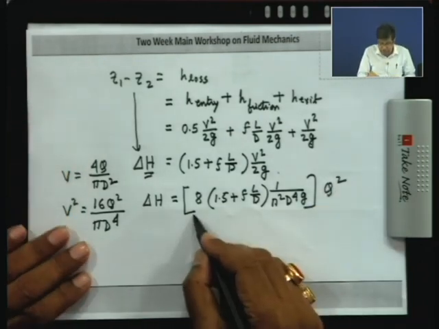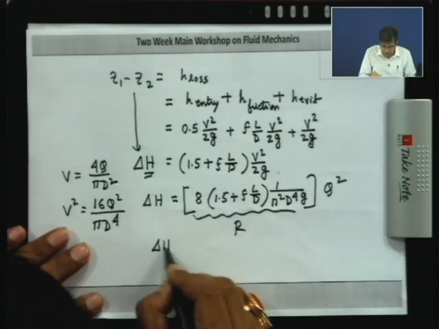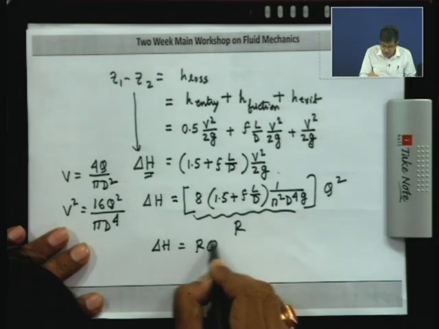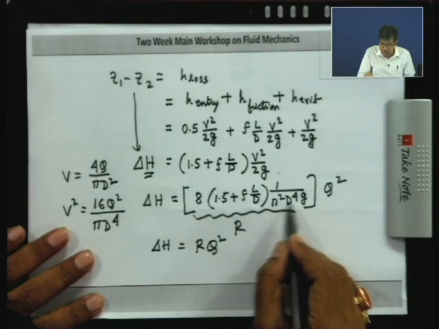This can be replaced by R. So we write delta H is R Q square, where R is 8 times (1.5 plus f L by D) divided by pi square D to the power 4 g.